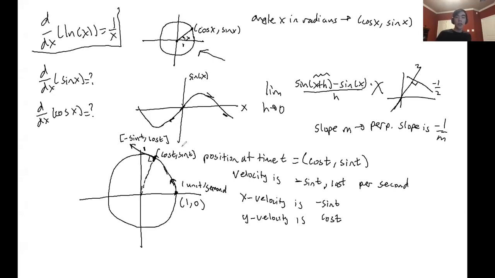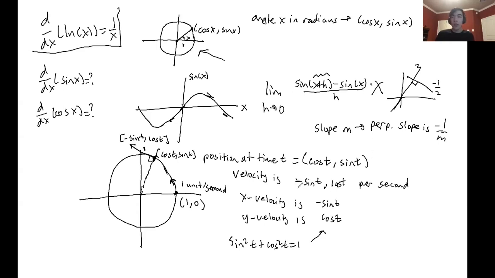The reason is we need the total velocity to be 1, and we need the direction to be perpendicular to the radius. If you know trigonometry, sine squared of t plus cosine squared of t is equal to 1, so that matches the condition that the total speed is 1. And we've already shown through this perpendicular slope argument that this is perpendicular to the radius. So it turns out that these are exactly true.